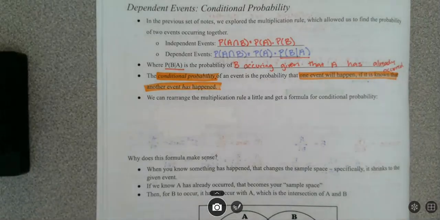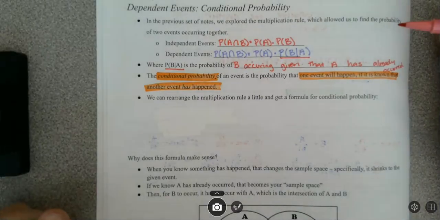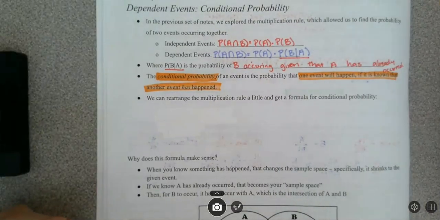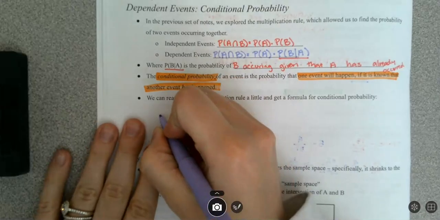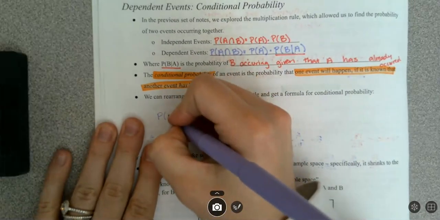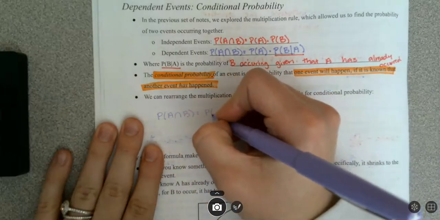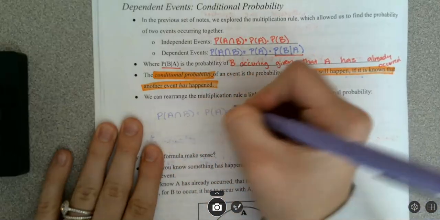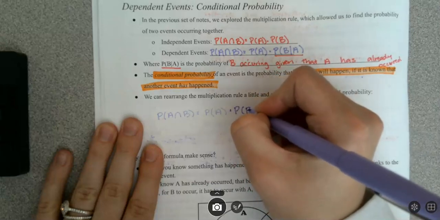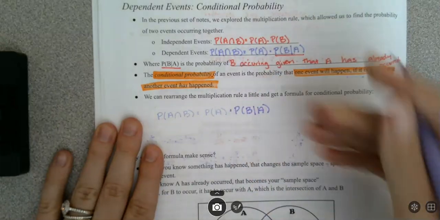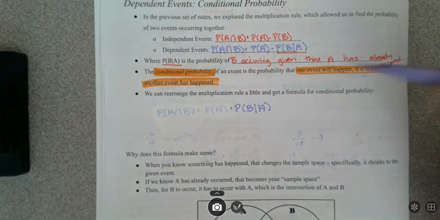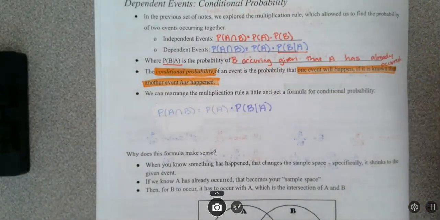So what we're going to do is rearrange the multiplication rule, the one I have in purple, so that we can talk about conditional probability. We have the probability of A and B equals the probability of A times the probability of B given A. I made a mistake earlier, so sorry if you can't see that.